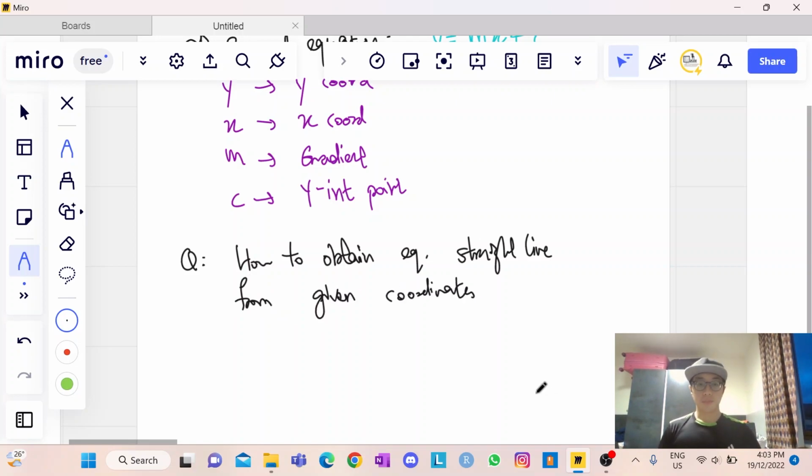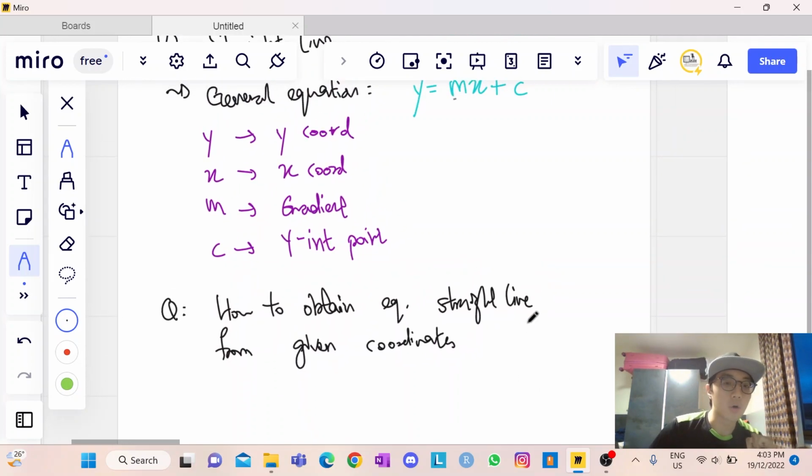So one quick question for you to think about: how many coordinates are needed in order for you to create a straight line formula?